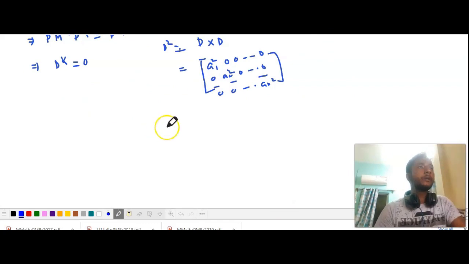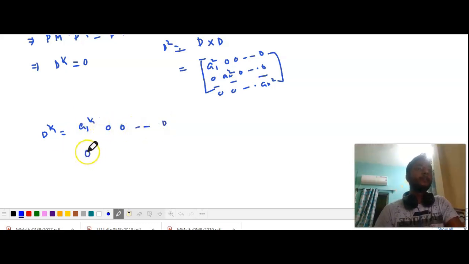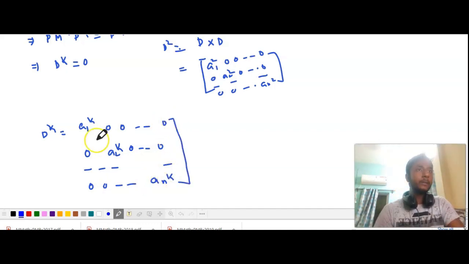Now, what is D to the power k? D to the power k equals the diagonal matrix with a1 to the power k, a2 to the power k, up to an to the power k on the diagonal and zeros elsewhere. This is our D to the power k, right?